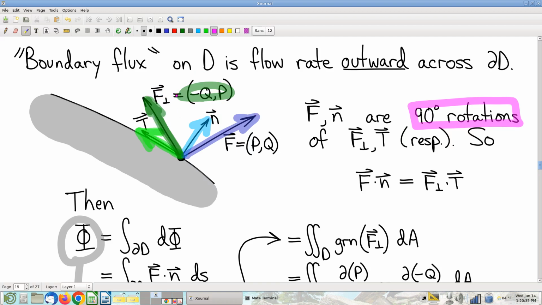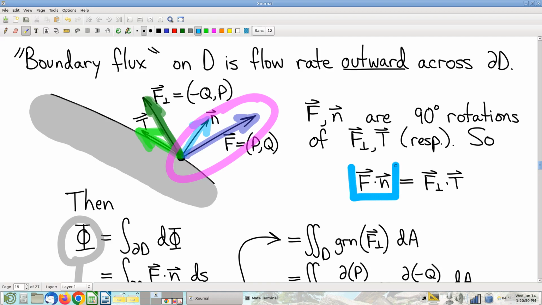Okay, so now, neat fact. All this stuff that I have in blue, if I were to do a dot product, F dot N, well, the act of rotating both of those vectors 90 degrees counterclockwise doesn't change their magnitudes, it doesn't change the angles between them.